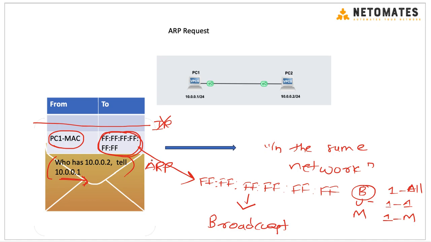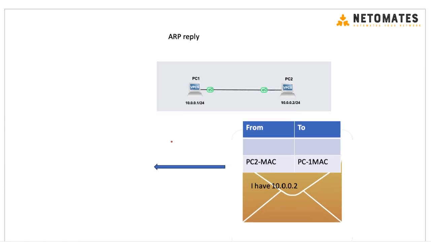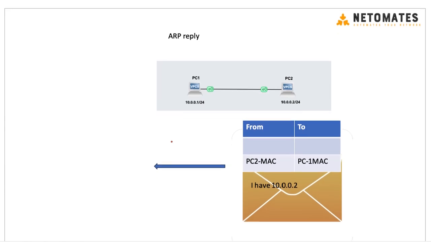Once this goes out from PC1, it will go to all the PCs, but in this topology the packet will go to the other end, PC2. Once it reaches PC2, PC2 will check the packet, and inside it the request is who has 10.0.0.2, right?